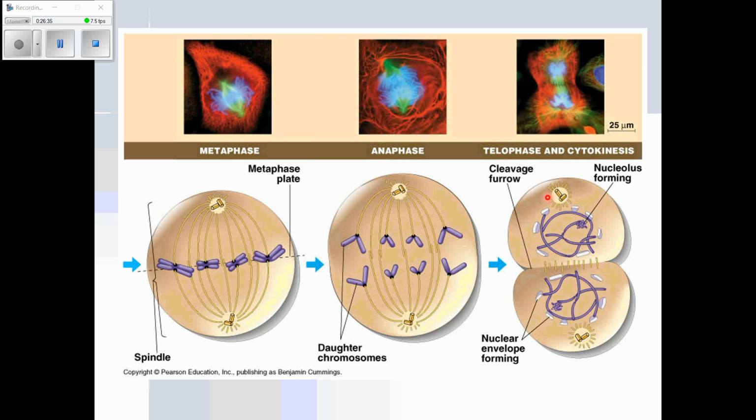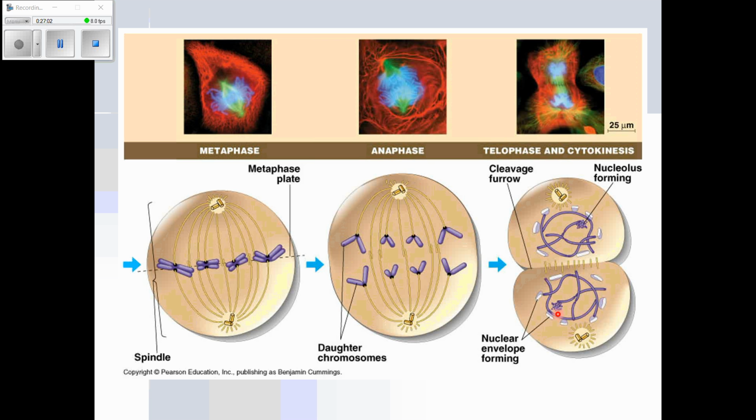In prophase, the nuclear envelope disintegrated. Now a brand new nuclear envelope is forming at this end of the cell and at this end of the cell. In prophase, the nucleolus disappeared. Now it is reappearing twice, once at either end of the cell.